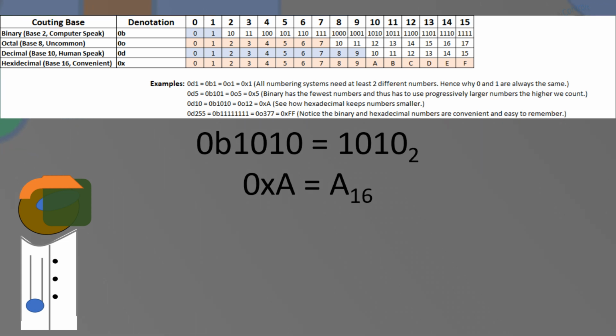Subsequently, I can also have a subscript at the end with the base that I'm in. If it's base 10, subscript 10. If it's a binary number, subscript 2. Hexadecimal, subscript 16. Nothing particularly nefarious about it, just know that a lot of times, one way or the other, when you're dealing with anything in a computer and it's a number of some sort, they are going to show you some denotation somewhere to indicate what kind of a number it is you're looking at.